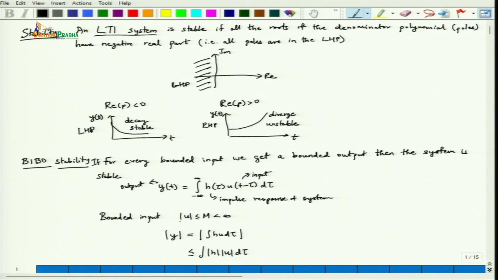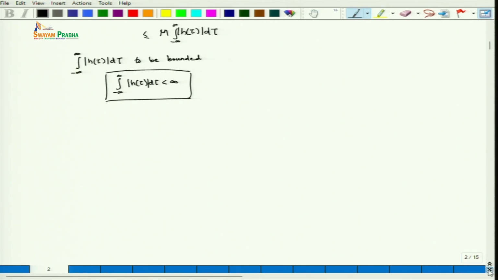So here we started with a bounded input u, maximum value of u is equal to M, and based on that we came to the conclusion that a system can be said to be BIBO stable if this condition is satisfied by its impulse response h. So this represents the concept of BIBO stability.